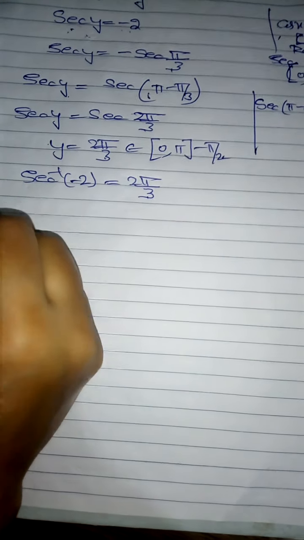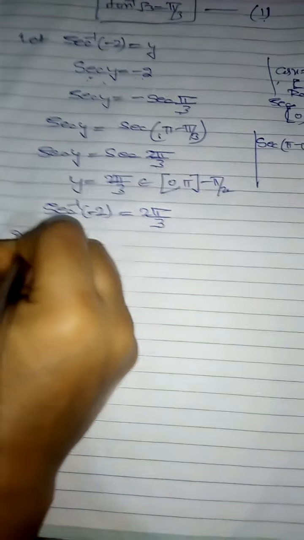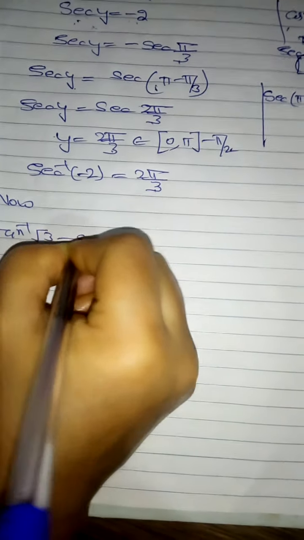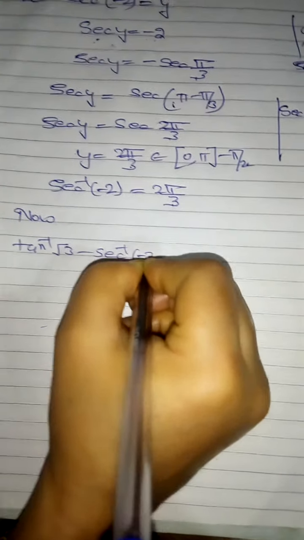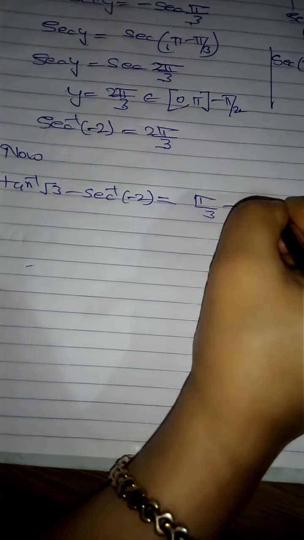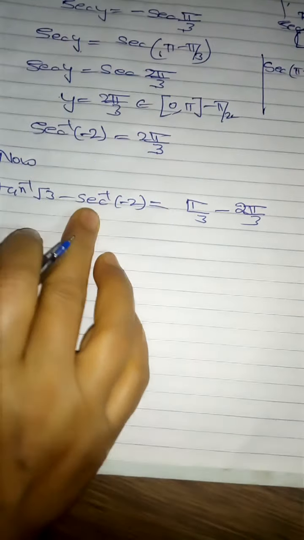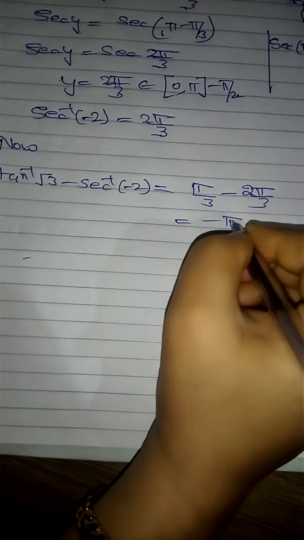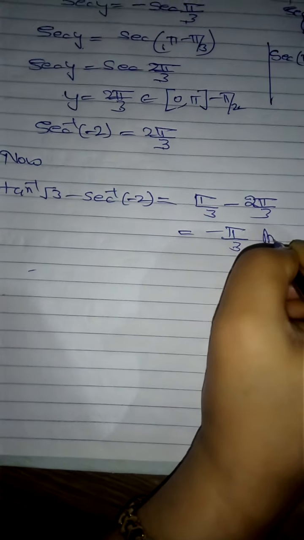Now put the values in the question: tan inverse root 3 minus sec inverse minus 2. The value of tan inverse root 3 is pi by 3, minus 2 pi by 3. After solving, it comes to minus pi by 3, and this is the answer of this question.